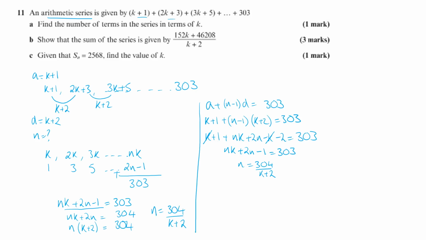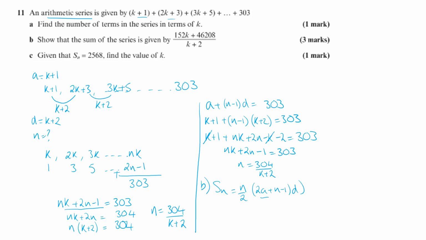Okay, so you'd only need to show one method, but whichever way you look at it and see it, you could do one of those methods. Right, part B, show that the sum of the series is this. So the sum of the series is going to be, now there's two versions of the sum formula. You can have n over 2, 2a plus n minus 1d.